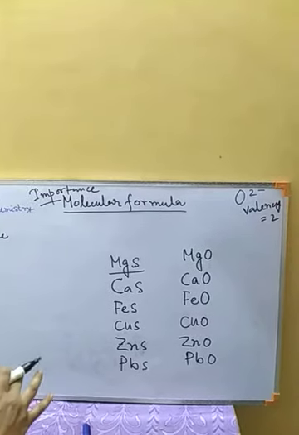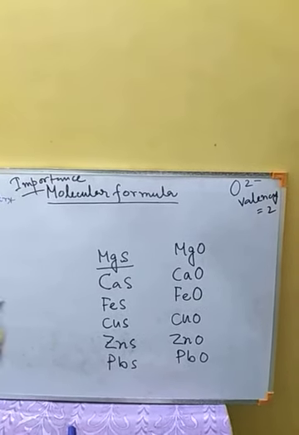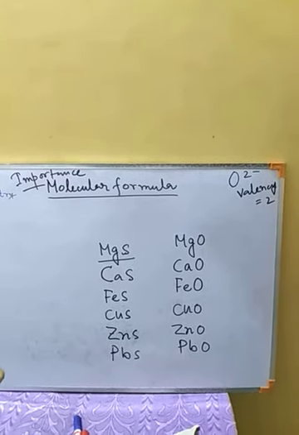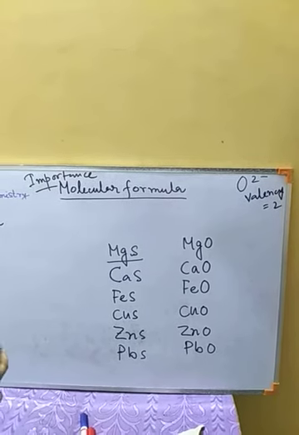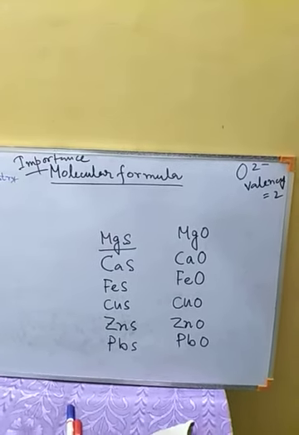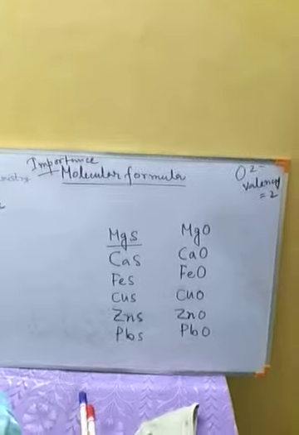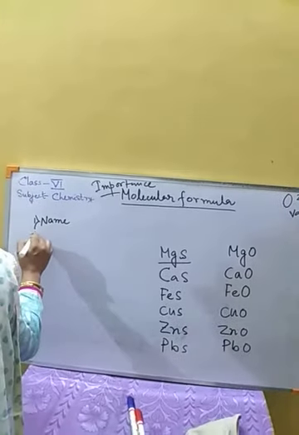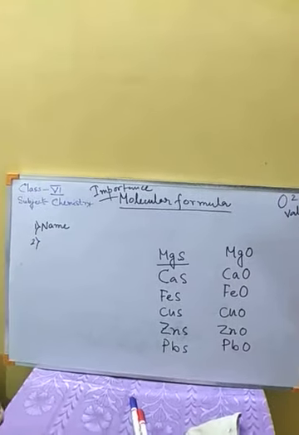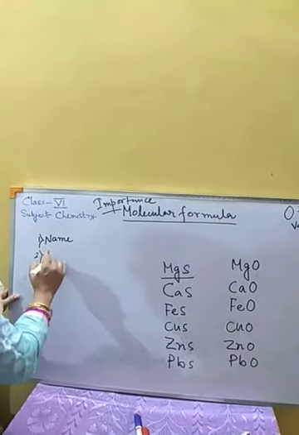So you can detect or recognize the compound which is given by its molecular formula. So first of all we are going to get the name. Next, which elements are present?